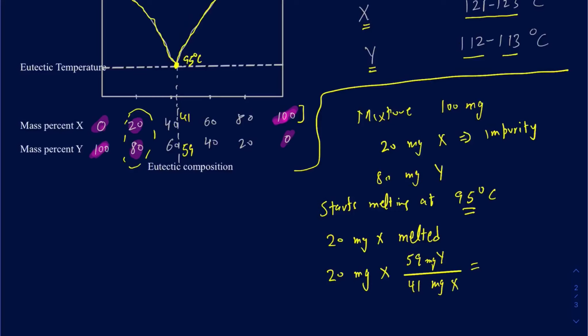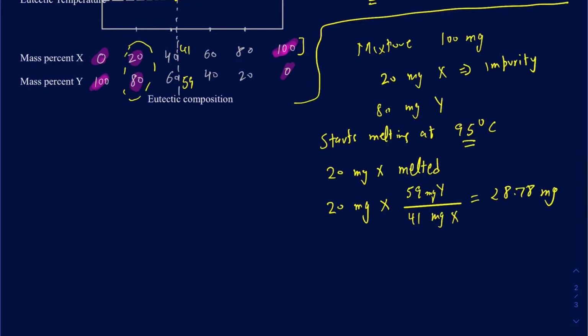So you always take the ratios of the eutectic compositions. It's going to be 20 times 59 divided by 41. That gives you 28.78 milligram. So whenever the 20 milligram of X has been melted, 28.78 milligrams of the Y will be melted.